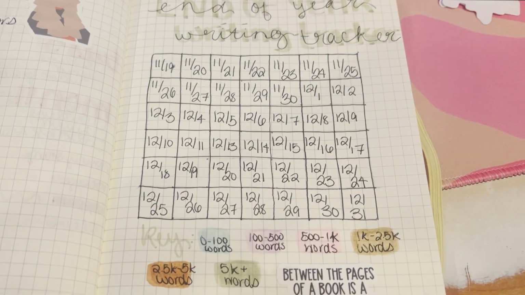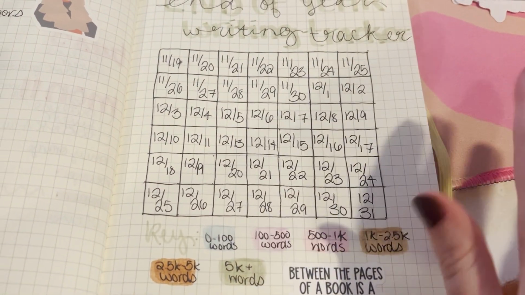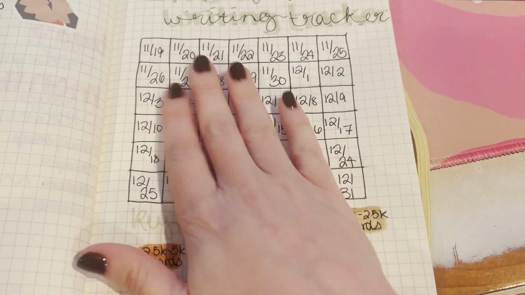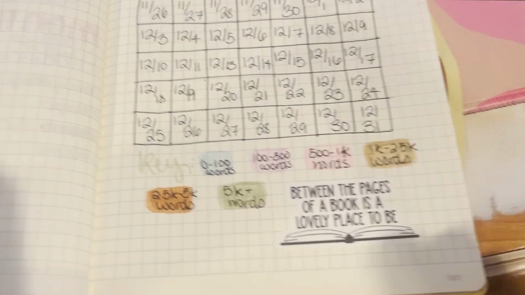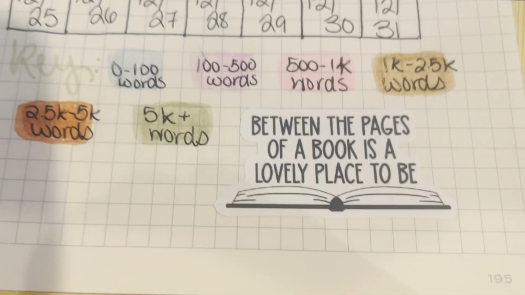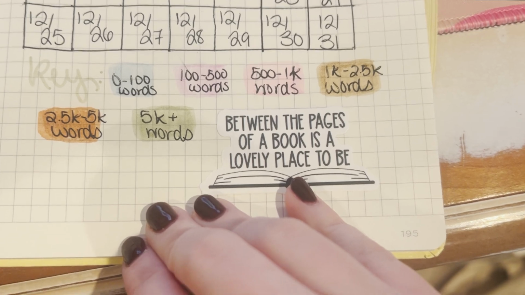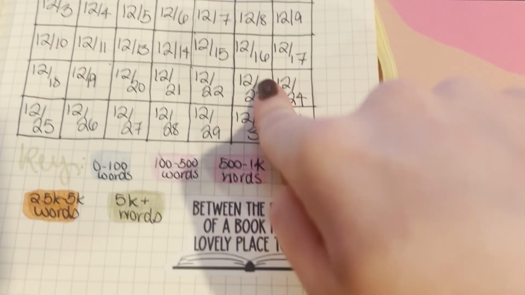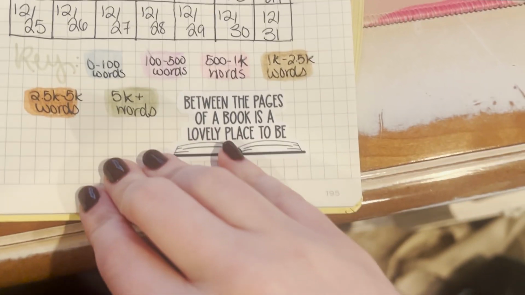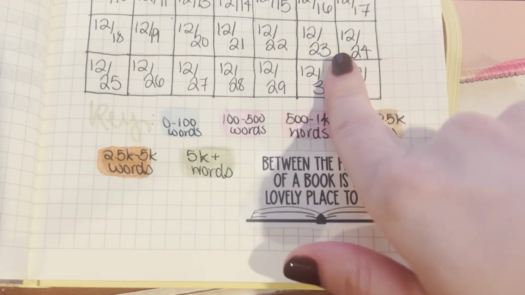Okay, so here is my little tracker that I've made. I wrote into your writing tracker, and I just made a box for every day from today until the end of the year. And then we have our little color key for the different colors of what I'm gonna fill in each box with, depending on how many words I write each day.